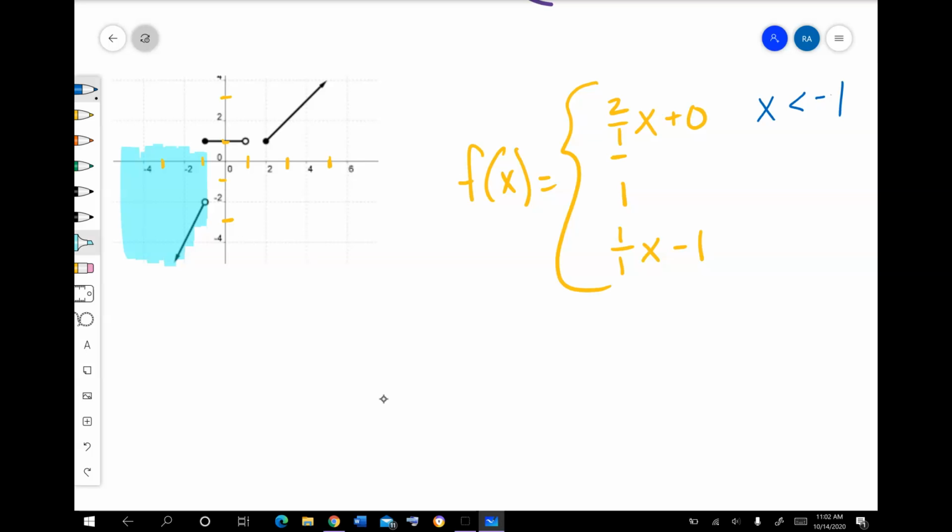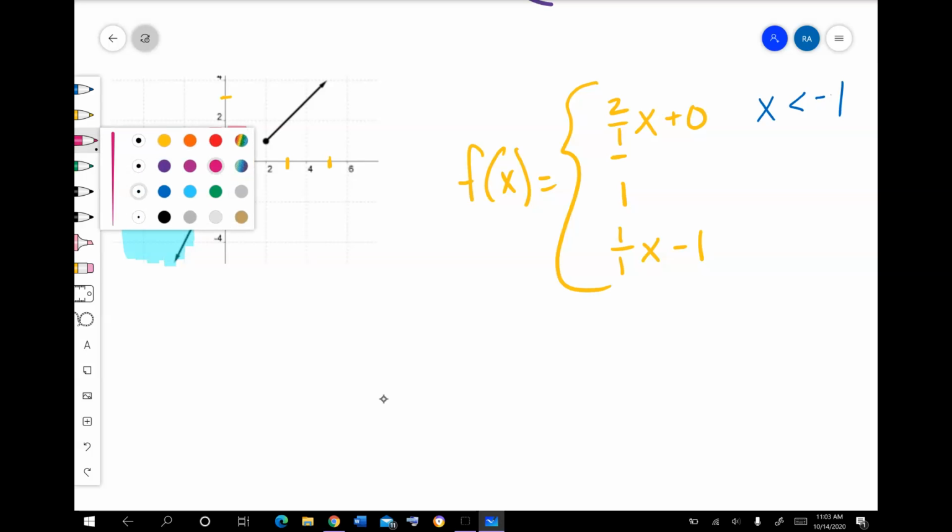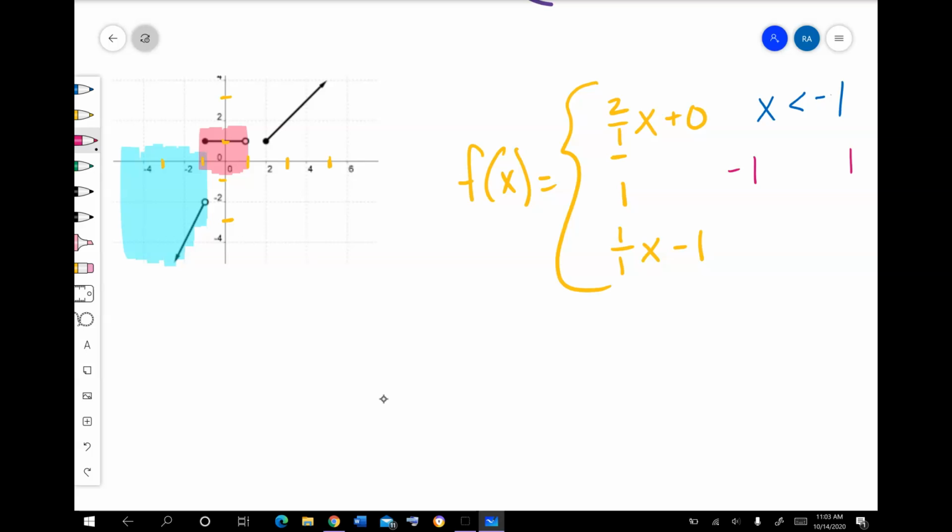Okay? Next one. Next one is going to be this straight line. And if you look here, there are no arrows, so it's a sandwich. When there are no arrows, there are 2 numbers. It is sandwiched between -1 and +1. So my x's here are between -1 and +1.